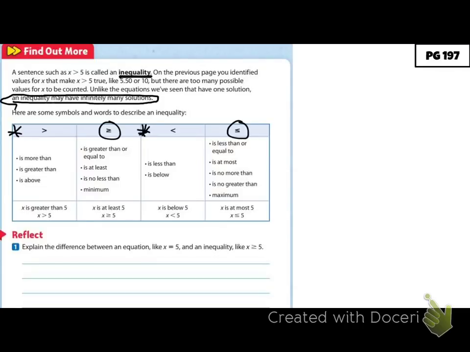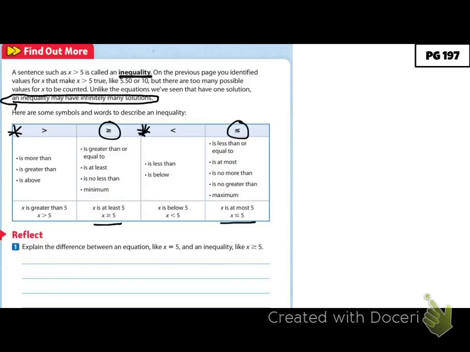For less than, you might see is less than or equal to, is at most, is no more than, is no greater than, or the maximum of. Okay, that means it would include the number it is talking about. So when we look down here at x is greater than or equal to 5, that means 5 and anything bigger. Here, when we say x is less than or equal to 5, that would mean 5 and anything less than 5.